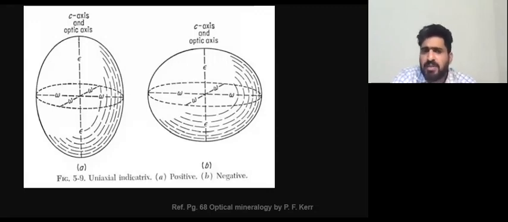As isotropic minerals have only one refractive index, the indicatrix looks like a sphere. But in the case of uniaxial, it is characterized by two refractive indices, which can be denoted as epsilon and omega. Epsilon is parallel to the c-axis and omega is parallel to the horizontal axis.